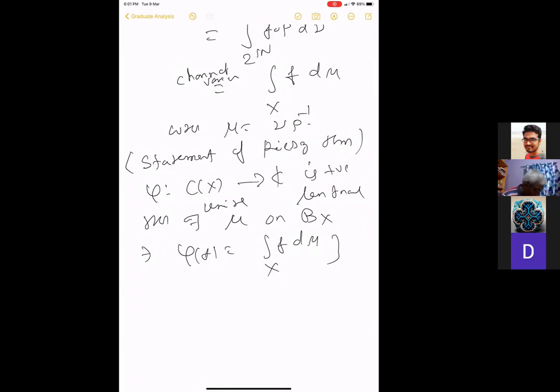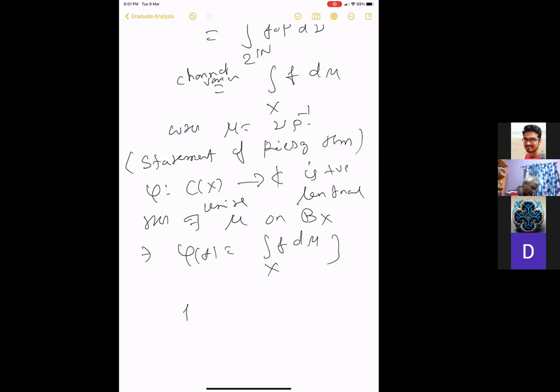Sir, I was wondering whether it should be C of x to R. No, it's a linear functional. It's complex. Why should it be R? Why do you think so? Positive means it takes positive functions to positive numbers. It does not take every function to a real number. That is the positivity.